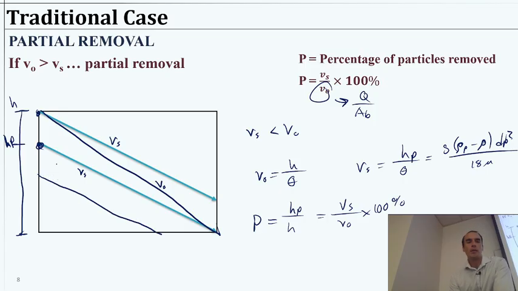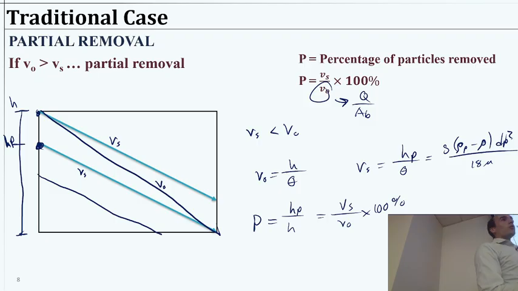But anything above there is not being removed because anything that does not hit the bottom before exiting is not removed. So everything here is not removed, and that's bad news. And everything that started in the water lower than this point was removed because it didn't have to travel so far.